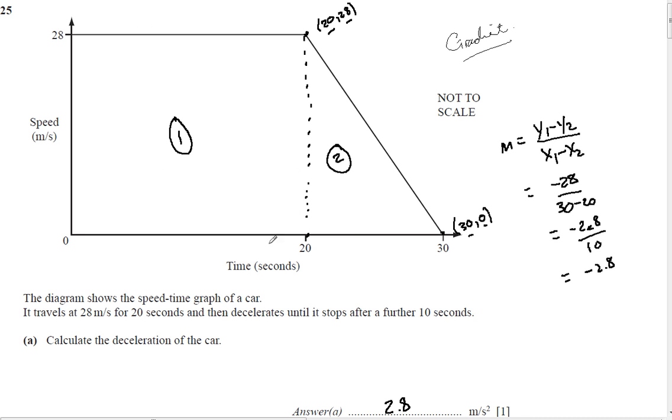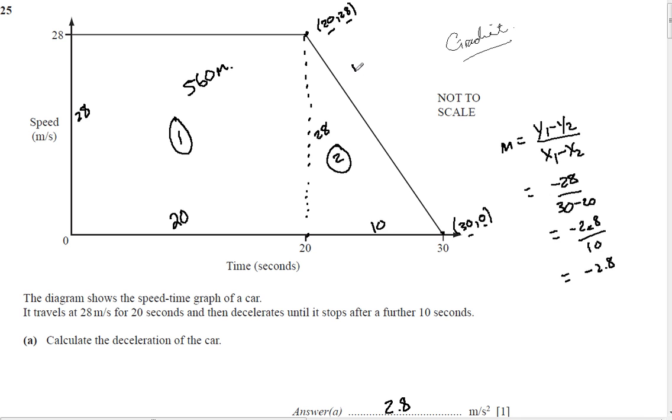For this rectangle, from 0 to 20 is the breadth, which is 20, and 0 to 28 is a length of 28. So the area of this rectangle is 28 times 20, which is 560 meters. For the triangle from 20 to 30, that's a difference of 10, and from 0 to 28, that's 28.